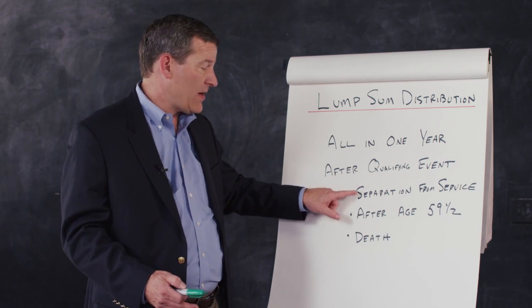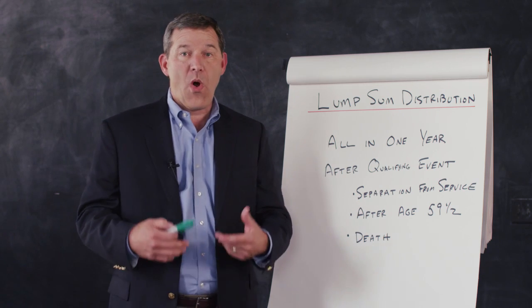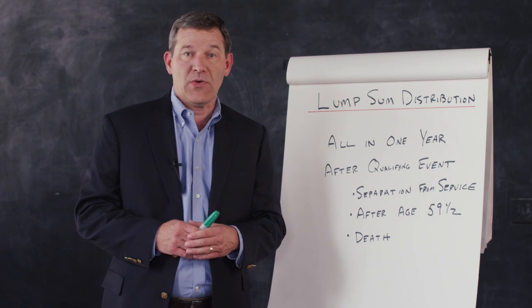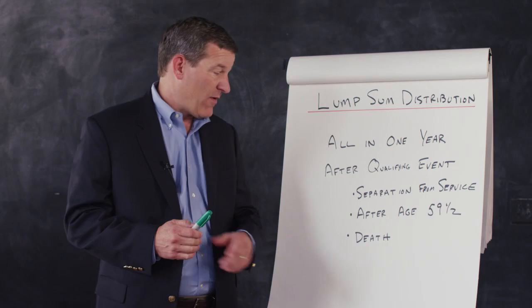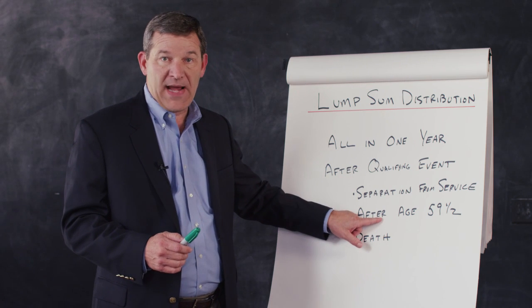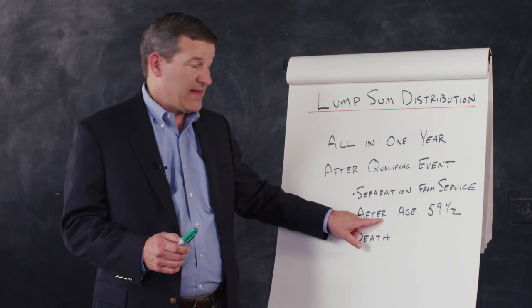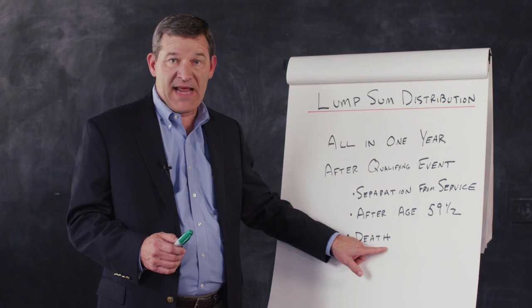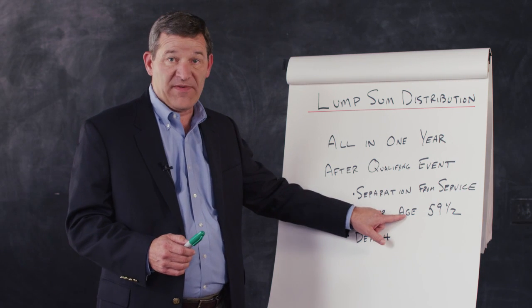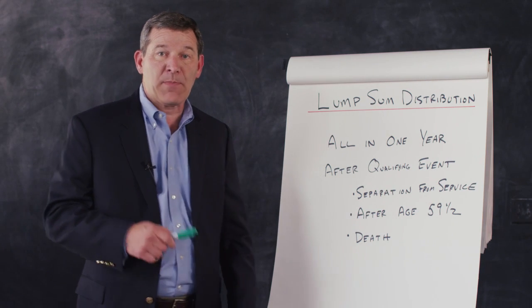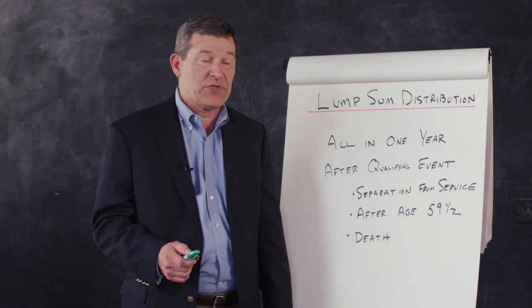So each one of these events requalifies you to do a lump sum distribution. Now, of course, if you retire after 59 and a half, then you only get this event and that event. But if you retire before 59 and a half, you get 3 opportunities to do a lump sum distribution.